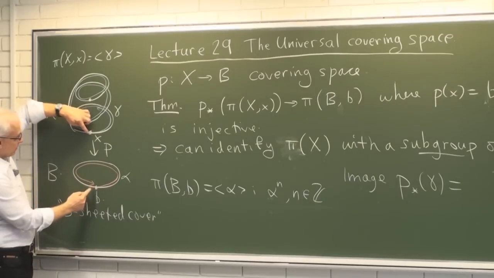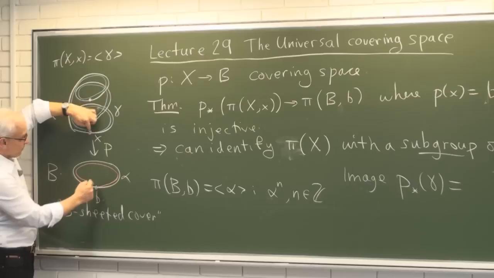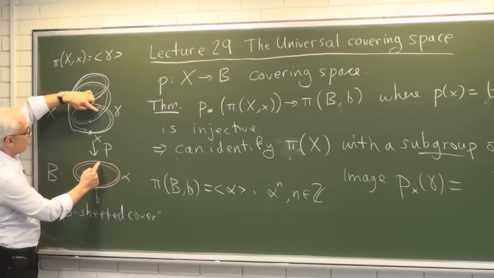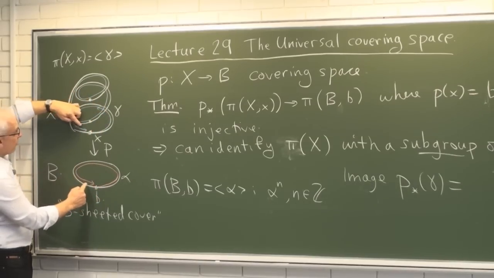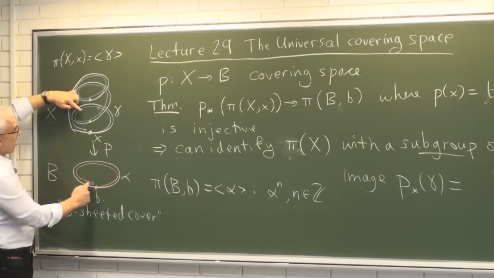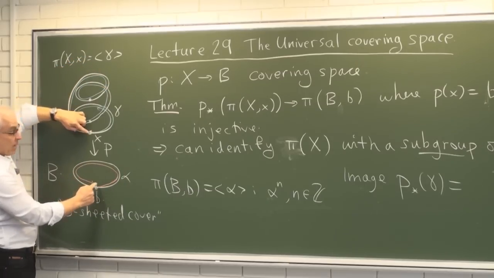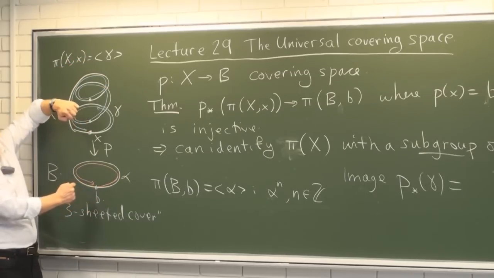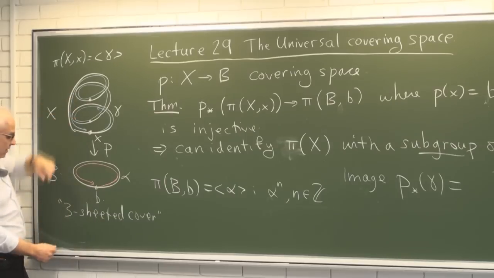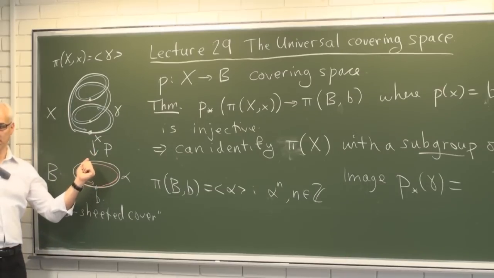So let's start with this point here. Its projection down is there. So as we move along gamma like this, the image under P is moving as I'm showing you here. So at this point we've gone around once, but gamma keeps on going. Now we've gone around twice, and finally when we get back to the origin, we've gone around 3 times. So the image of gamma under the induced homomorphism is alpha cubed.